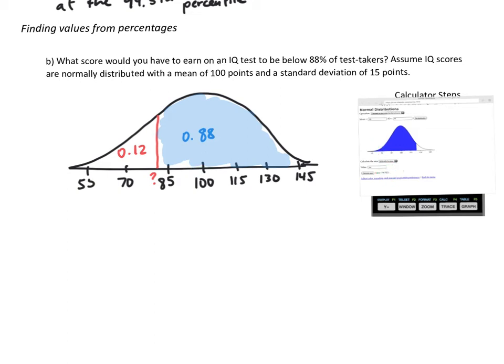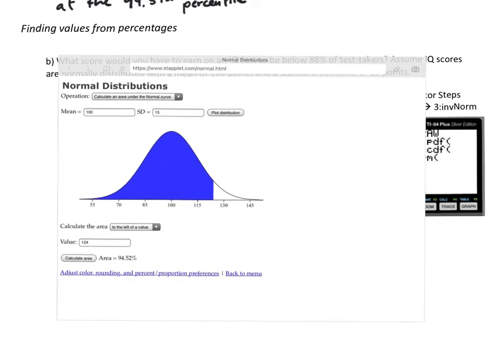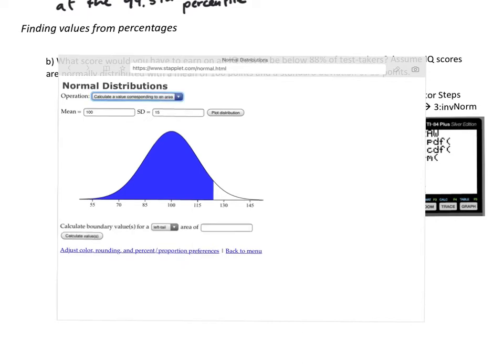Let's check it out. Let me zoom in here. We're going to do the same plot, but we're going to calculate a value that corresponds to a percentage. What score would you need to be below 88%? We're going to use the same distribution. In this calculation part, do we want to calculate to the left, or the other option, to the right?